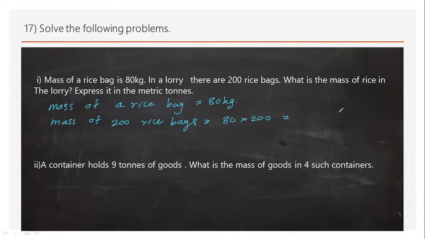Add 3 zeros to the end of this. 2 times 8 is 16, so we can write kilograms here. You have to write it in metric tons, so how many tons are here? You can divide this by 1000, 16 tons.